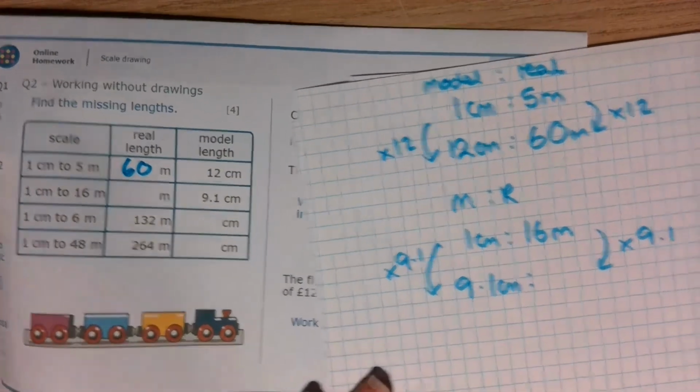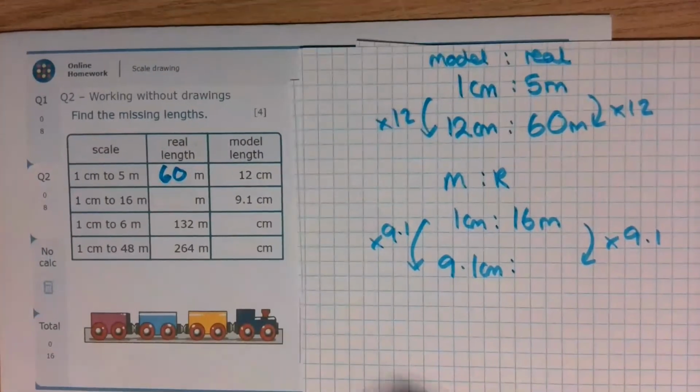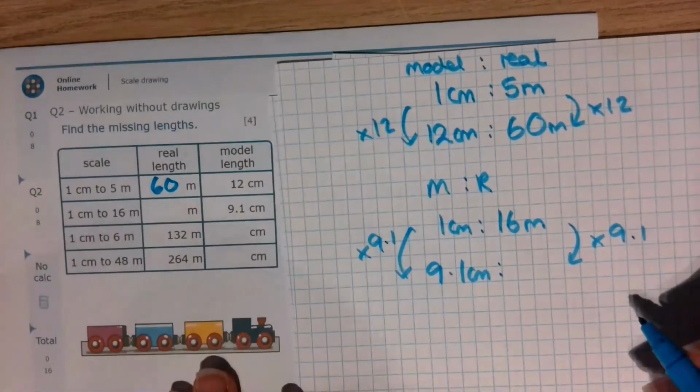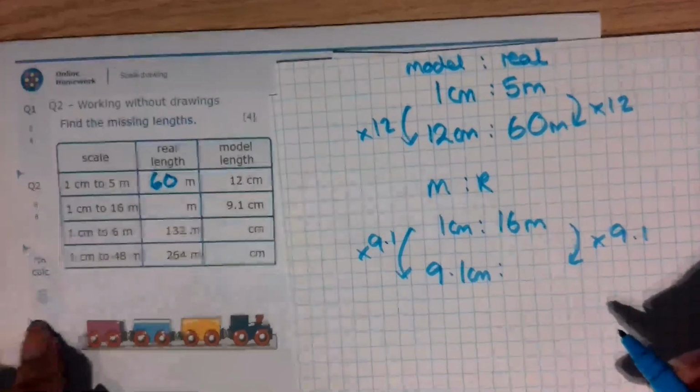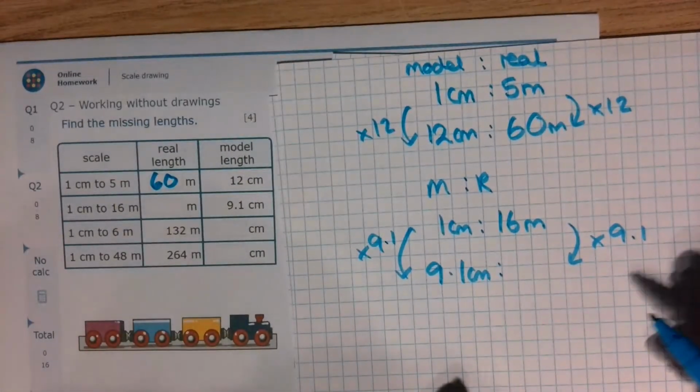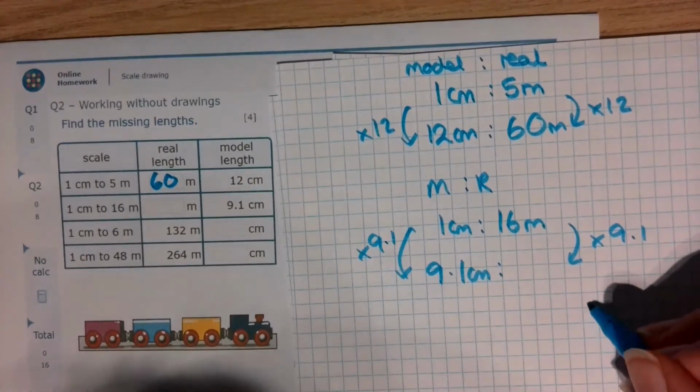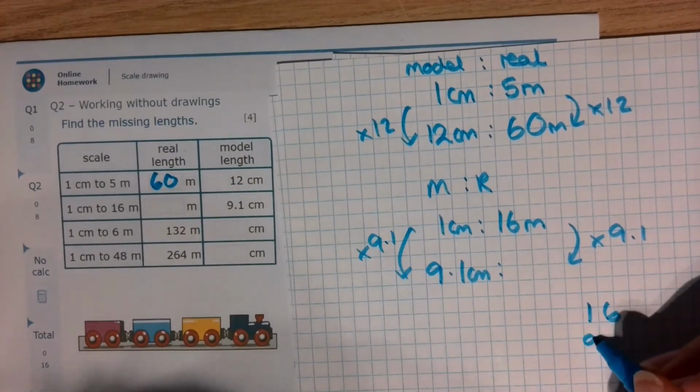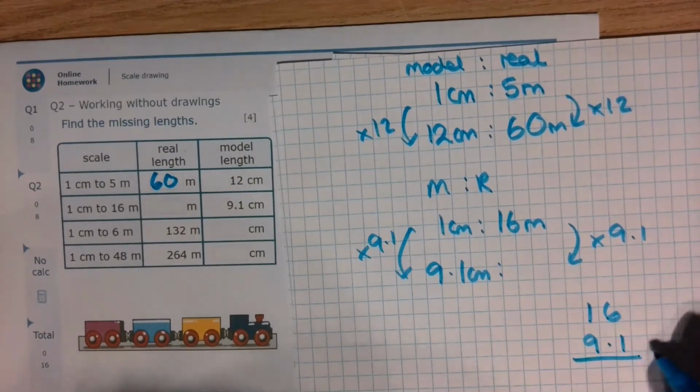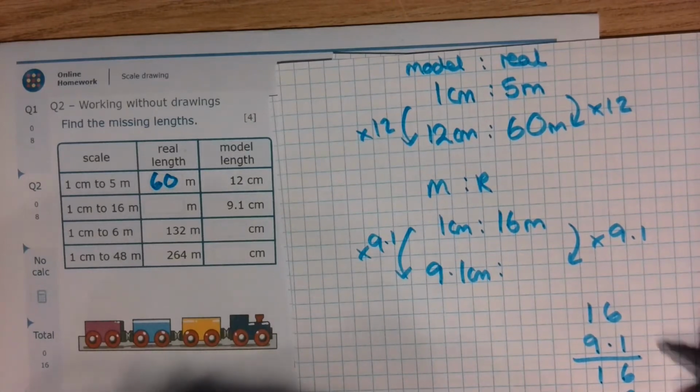Oh, I've just realised that's gone off the page, sorry. I can't do that in my head. You might be able to, or you might have a calculator. Oh, hang on, no calculator. Hopefully no calculator. 16 times 9.1. 1 times 6, 1 times 1, 0, 9 times 6 is 54, 9 times 1 is 9.